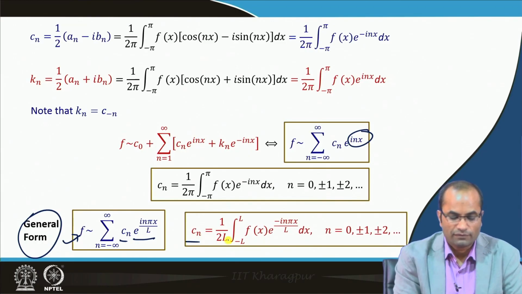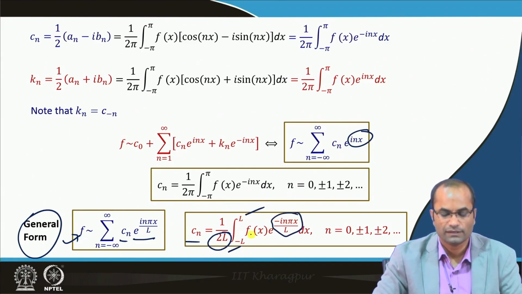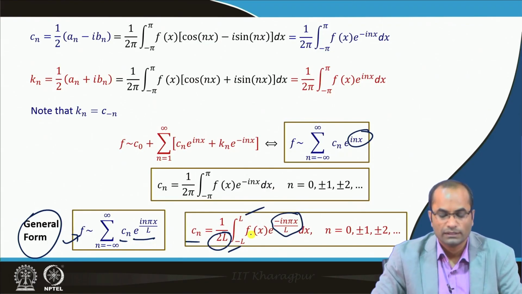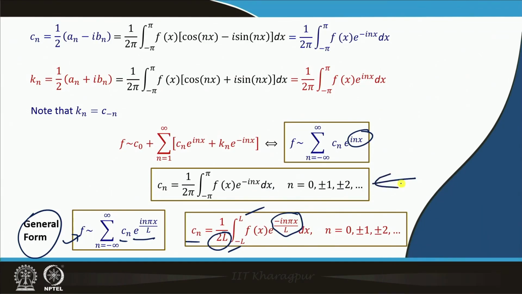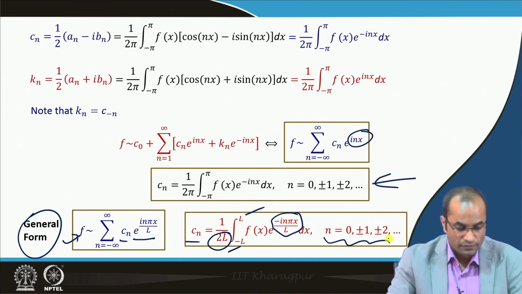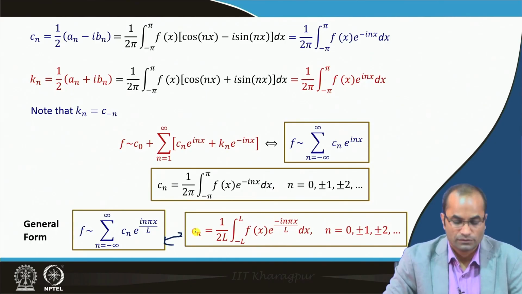And c_n will have, instead of pi, L there, with the integral from minus L to plus L of f(x), and again there will be a slight change here. Instead of inx we have i n pi x over L dx, and when L is pi, this will reduce to the standard form. So, that is the case always. Here n varies from minus infinity to infinity. This is the general form which we will use in one of the examples soon.